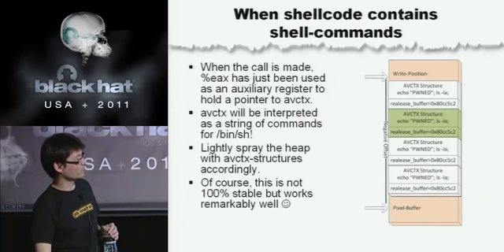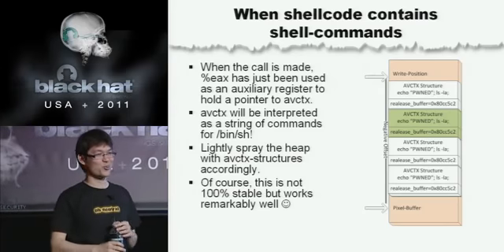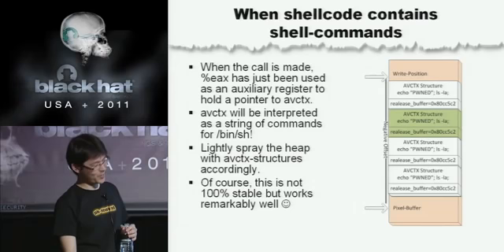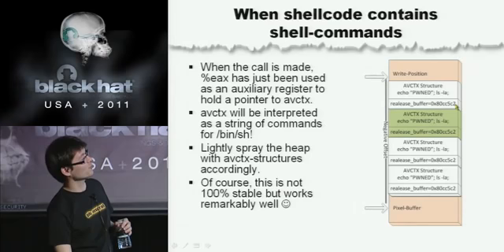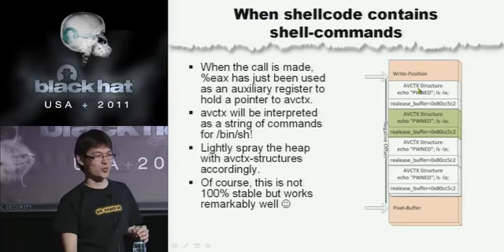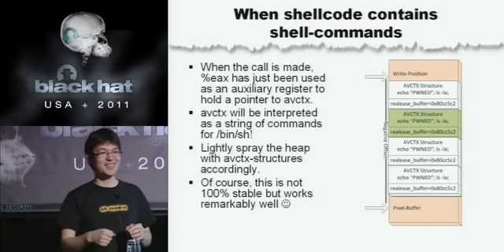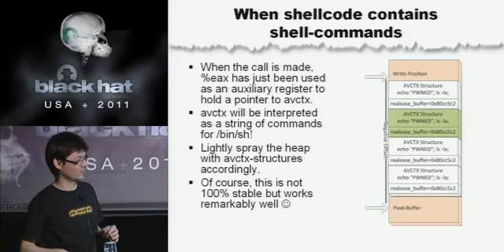So luckily, EDX points to the AVCTX structure. So what I started spraying was AVCTX structures, which would contain this address in the release buffer, and shell commands, which are kind of the shell code here, in the beginning of the AVCTX structure.